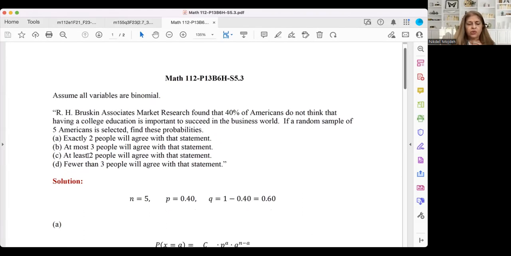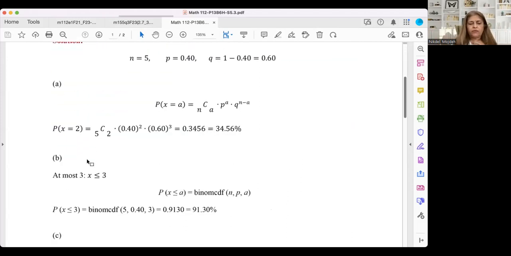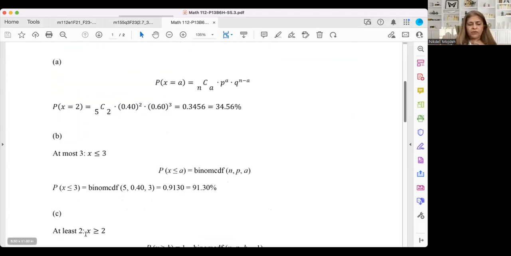At least 2 means minimum 2 and higher, okay? You have to analyze the meaning of at most and at least for yourself. At least 2 means 2 and higher, X greater than or equal to 2.